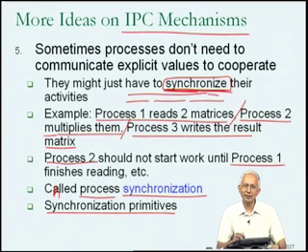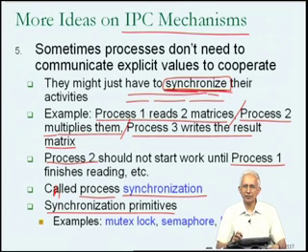They don't have to be implemented, but they are provided, and therefore they are referred to as primitives. Synchronization primitives, or primitive synchronization operations. And some of the names of some of these synchronization primitives are mutex, lock, semaphore, barrier. We will see each of these in a little bit more detail, some in this class, some in some of the classes to follow.